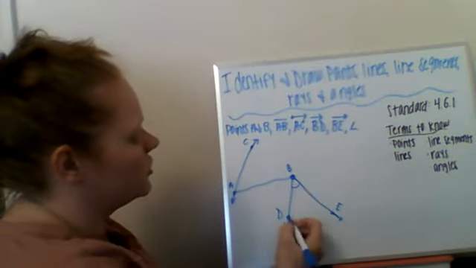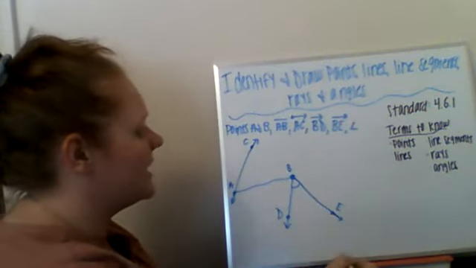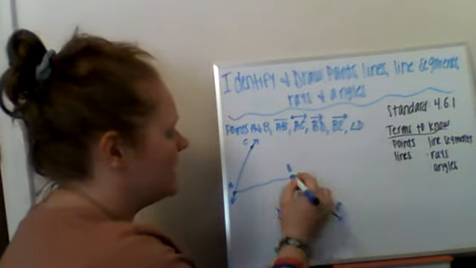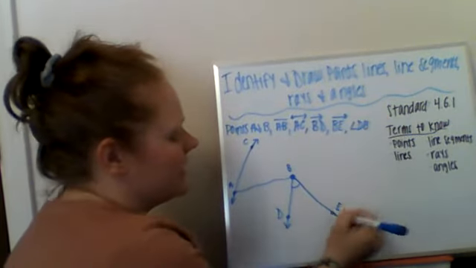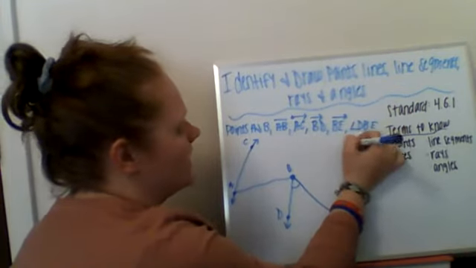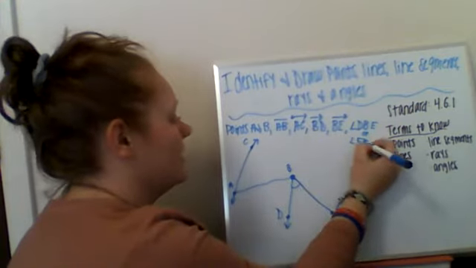So you can choose to start at E or D. Either way is fine. I'm going to start with D first, so I'm going to go D, B, E, or you can say this as angle E, B, D.